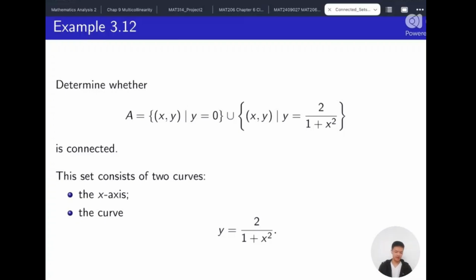Here is an example. A set A consists of 2 curves. Curve 1 is y equals 0. And curve 2 is symmetric, and it decreases when x is bigger than 0. So it looks like this, and this is curve 2. So how can we choose a separation to prove it's not connected?